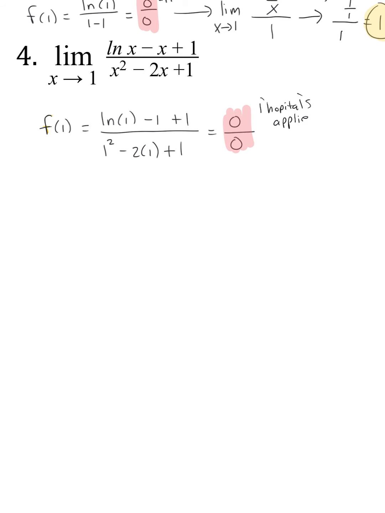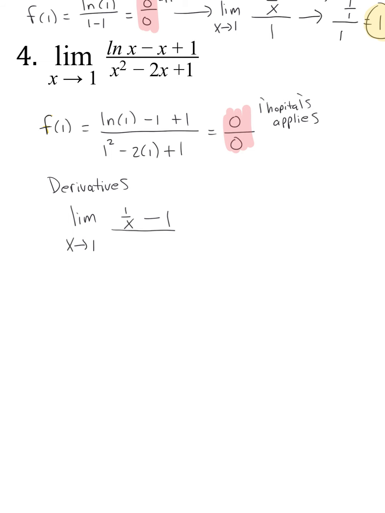This right here tells us that L'Hopital's applies. So now we use L'Hopital's rule. We take the derivatives. So we still have the limit as x approaches 1. On top, the derivative of ln x is 1 over x. The derivative of negative x is negative 1, and the derivative of 1 is 0.